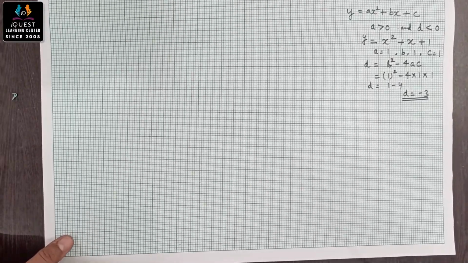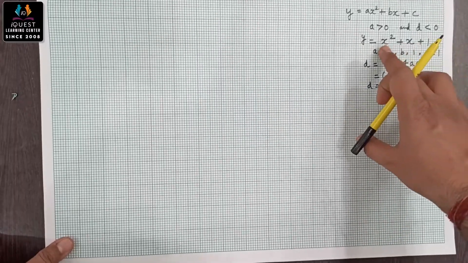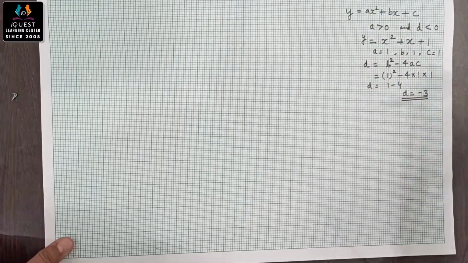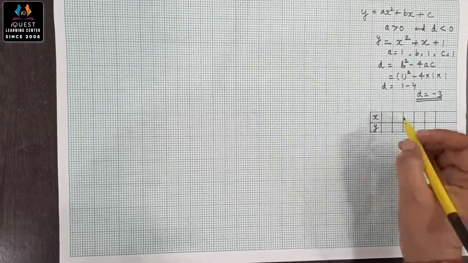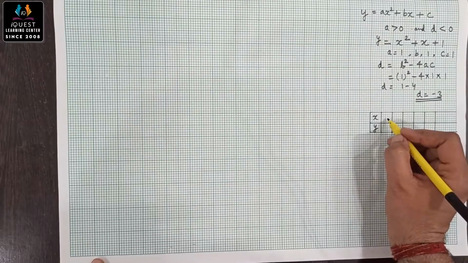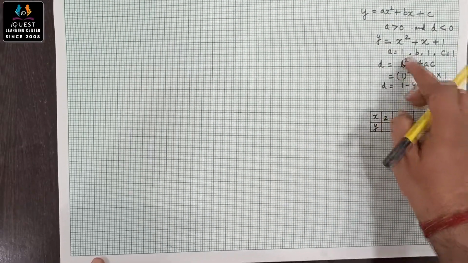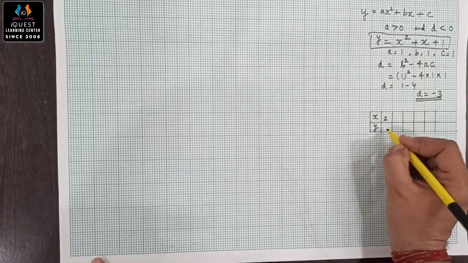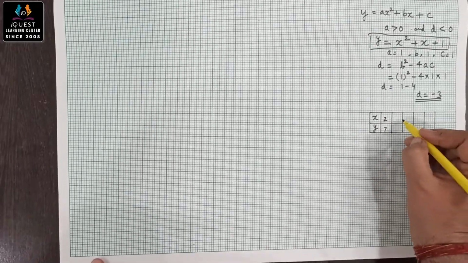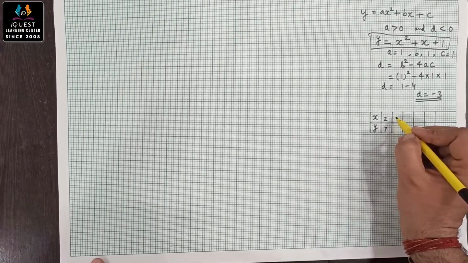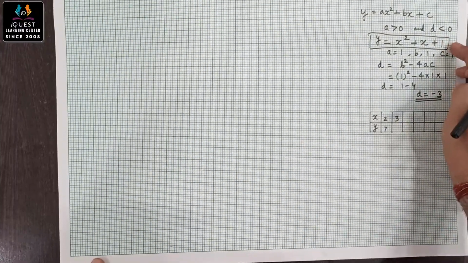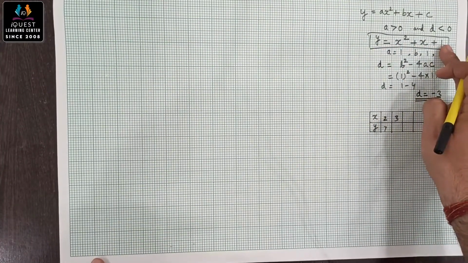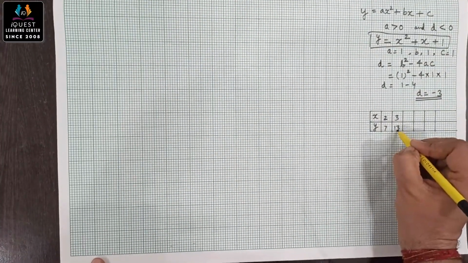Now we substitute different values of x in this equation and find the values of y. When we substitute x is equal to 2 in this equation, we get y is equal to 7, and when we substitute x is equal to 3, by solving this equation we get 13.